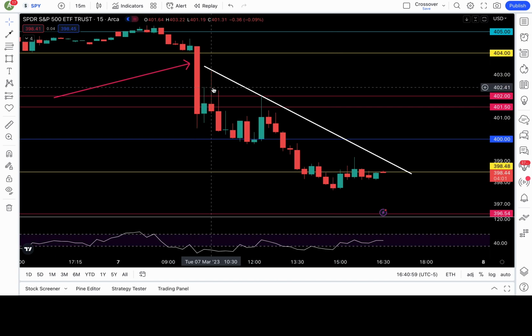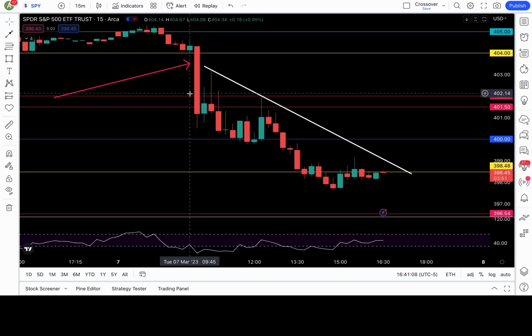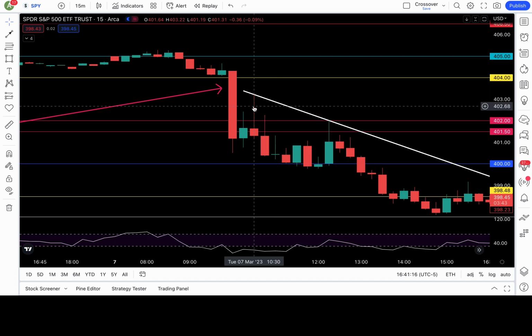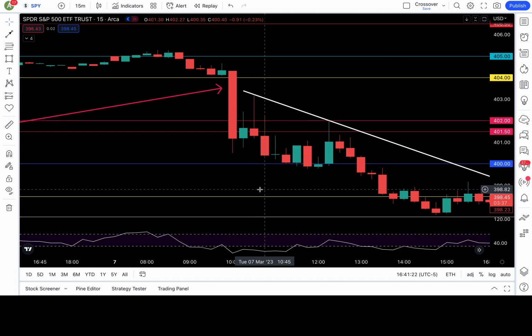Now, some things I do want to talk about, because once we broke 401.5, you see on this big candle, it started chopping a bit. I was only bullish if SPY would have recaptured 402. Now, here's where it gets tricky. You see this candle right here, the 10:30 candle. It literally bounced up to 403.22 before selling back off. That would trick a lot of people out.